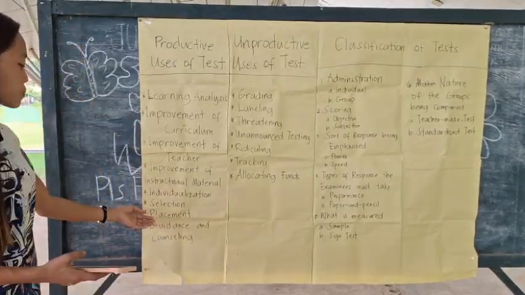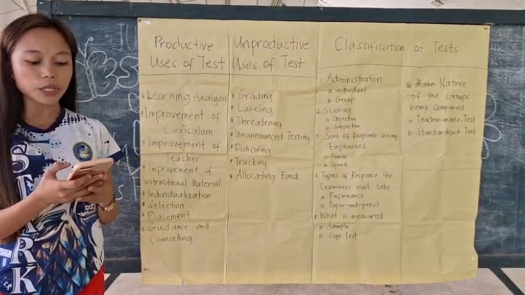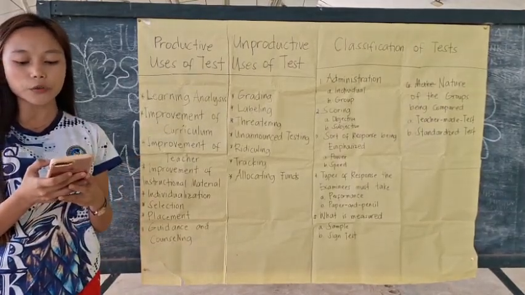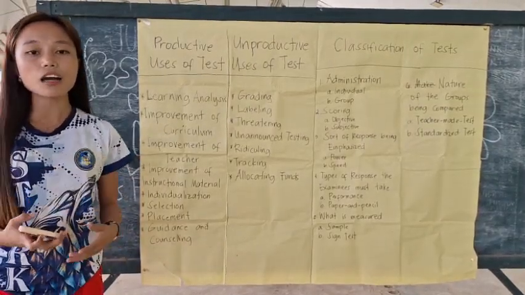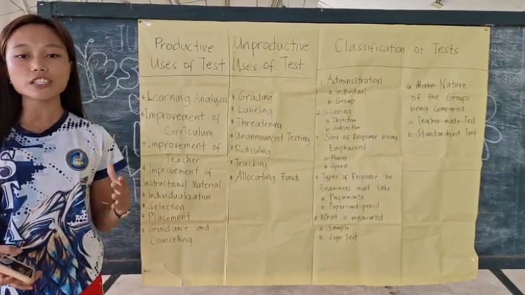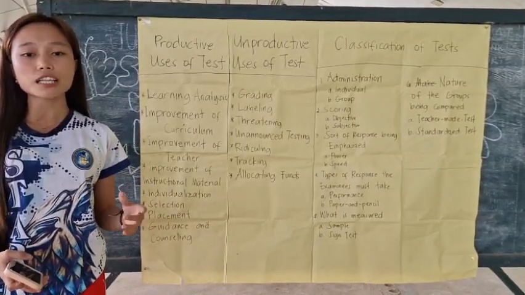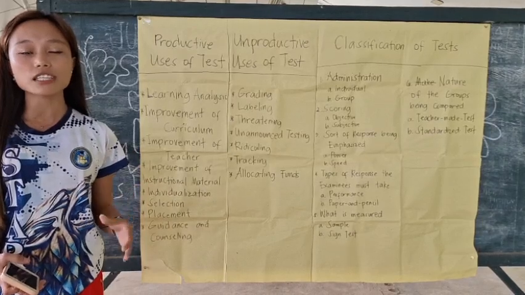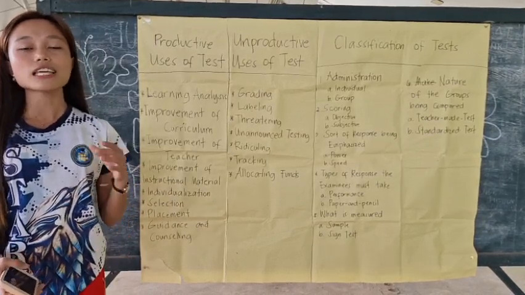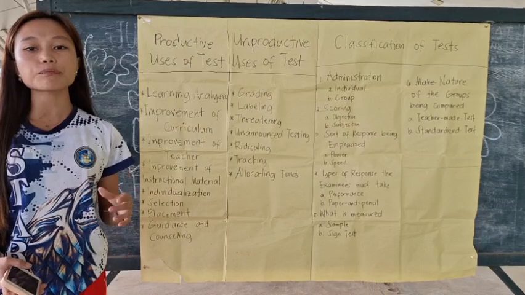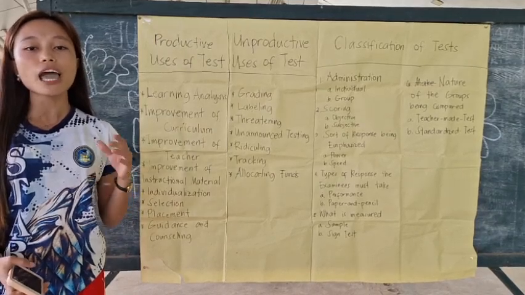So the next is placement. Placement can be used to determine to which category a student belongs. It is the strategic timing and positioning of assessment that measures the student's ability to apply knowledge and skills in practical ways. It is a student's entry behavior and performance at the beginning of the instruction.